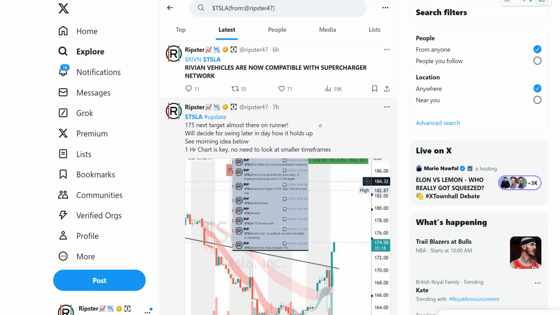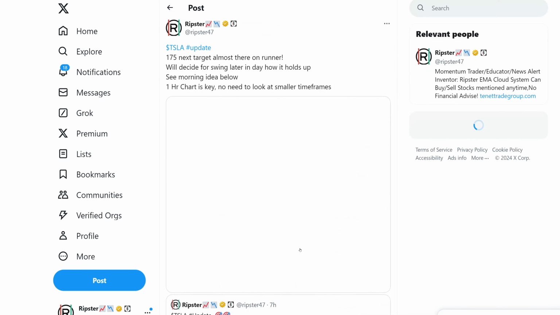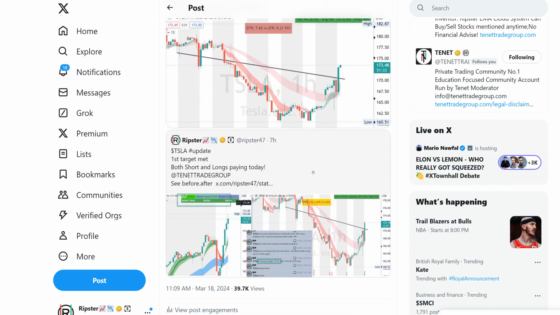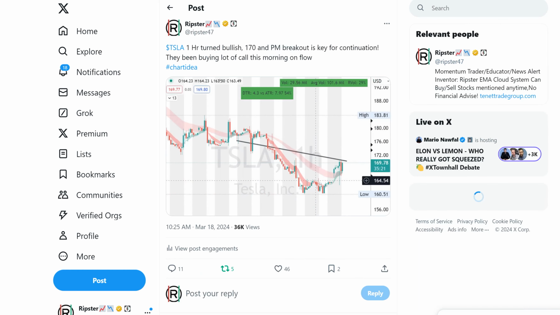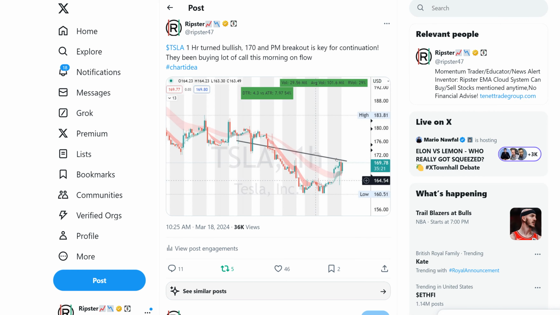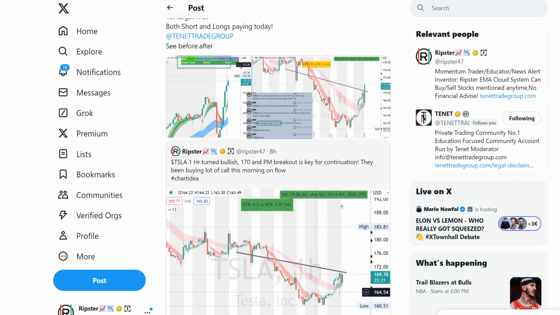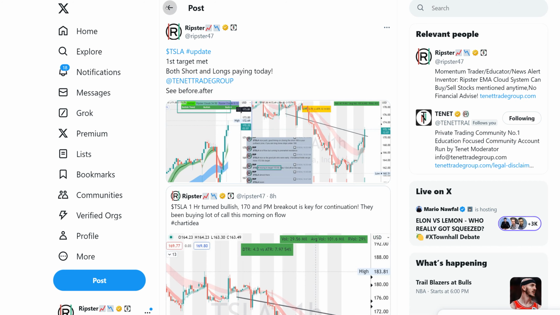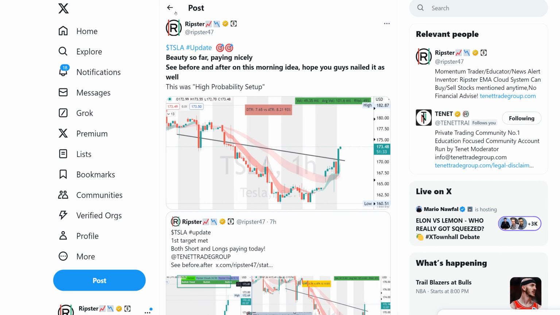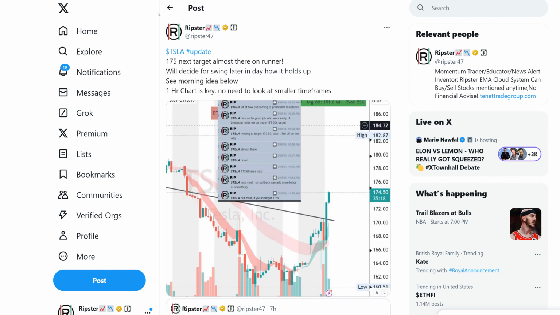If you want to see that on Tesla, my idea was just a 1 hour breakout. Look here. So, 1 hour breakout Tesla. 160. You see this trend line and the 1 hour trend, and this pushes, breaks out, pushing more, right?